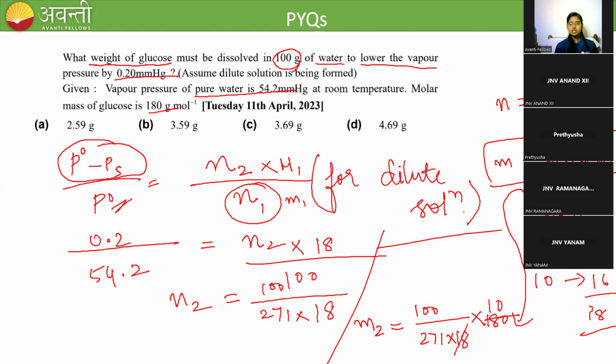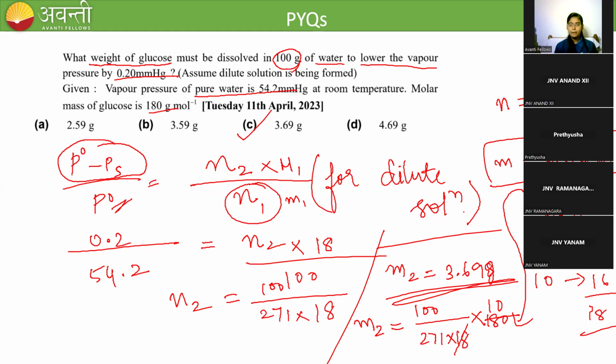So 1000 divided by 271 will come, and from this you will get M2 value as 3.69 gram, in which option B will be the correct answer. Sorry, it is C. It is not B, it is C. Option C is the correct answer. 3.69 is the mass of glucose.